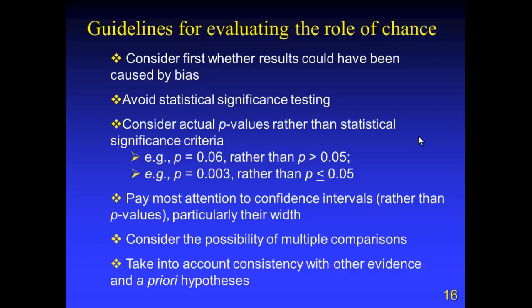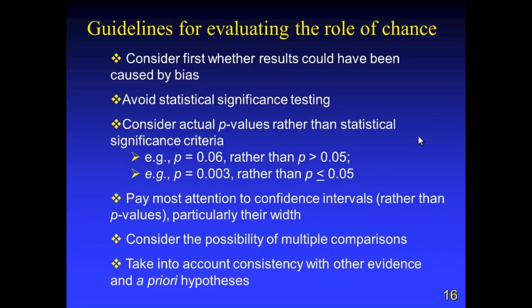And this is critical because I showed you how low p-values and confidence intervals that exclude the null value could easily be caused by bias. So if you have a very biased study, then maybe it doesn't matter what p-values or confidence intervals you get, it may not be interpretable.